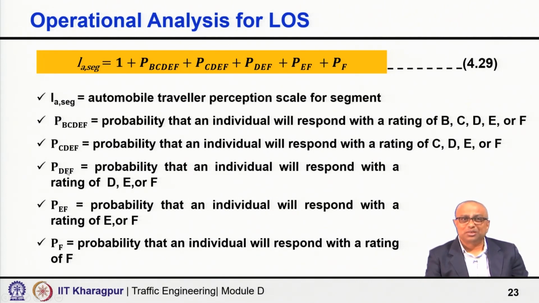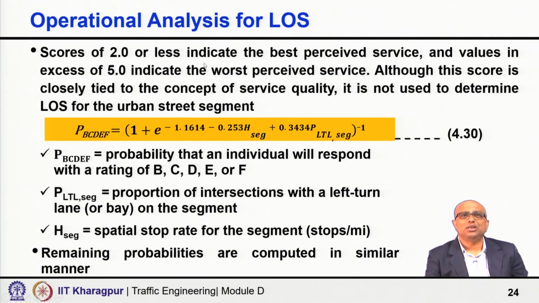So, how do we calculate this? I have just shown one equation here, showing how you can calculate it. This gives you the probability value, using the proportion of intersections with a left turn lane on the segment and the stop rate, and that way you can get this.